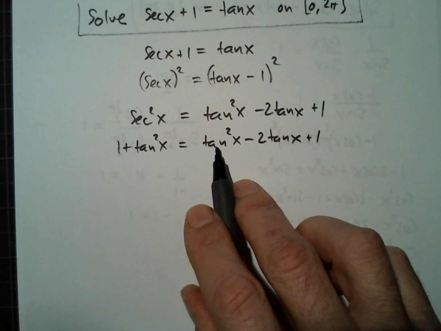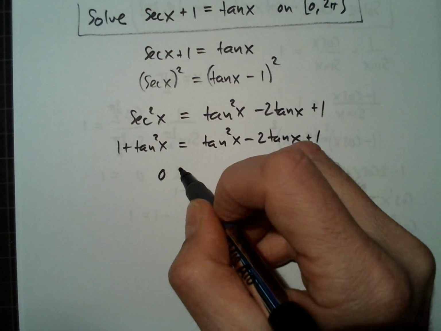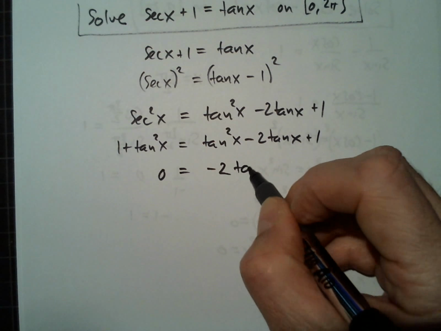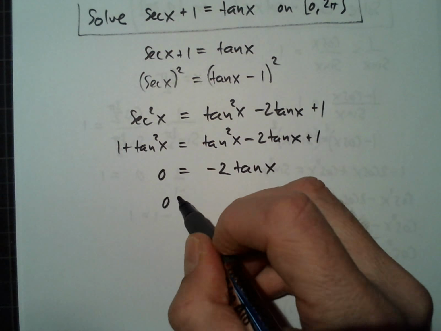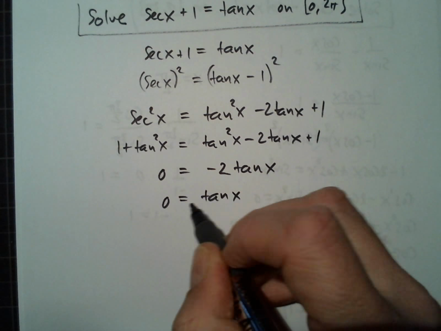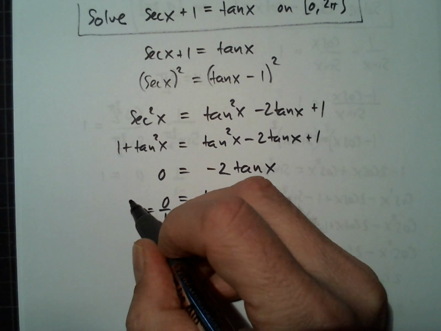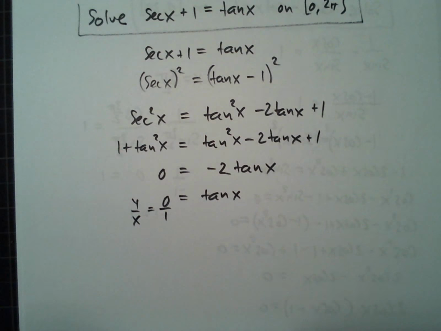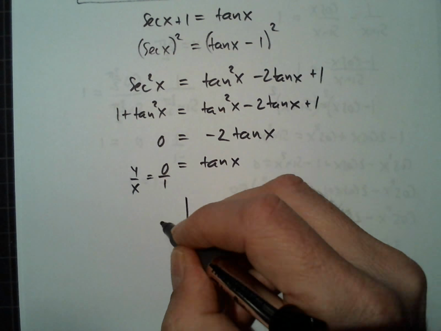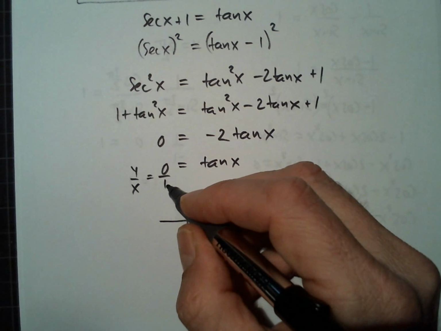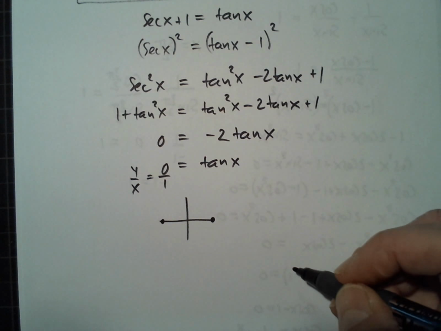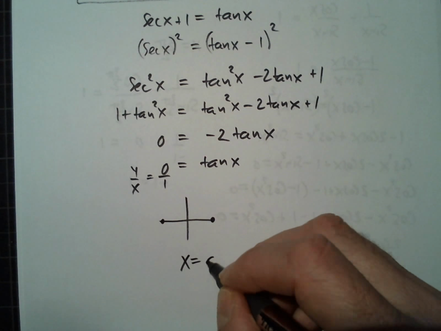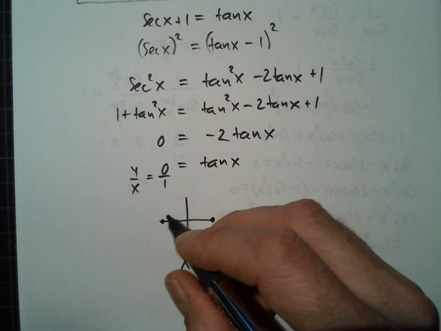We're going to subtract tan squared, and we end up with just... divide by negative 2, and we want to know when tangent equals 0. Tangent is y over x. So we want a y value of 0 with an x of 1 or negative 1, so that puts us here. And we get x equals 0 or pi.